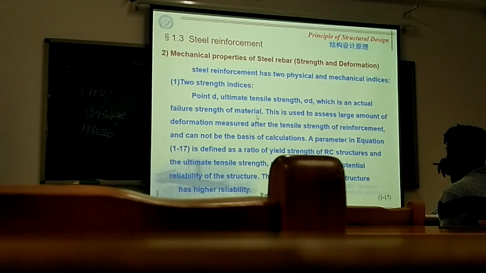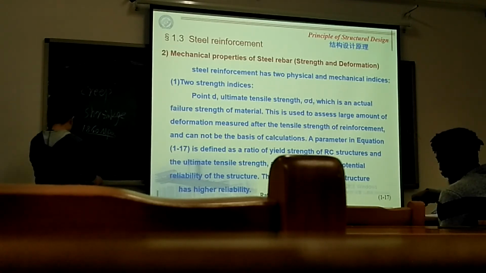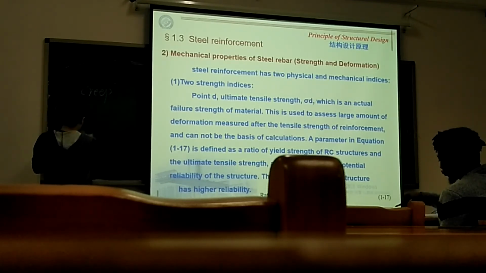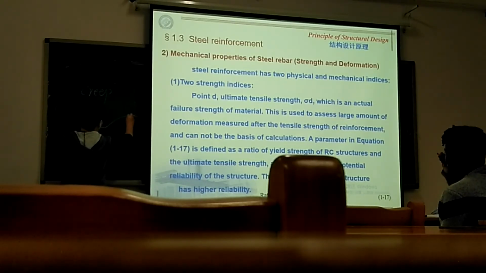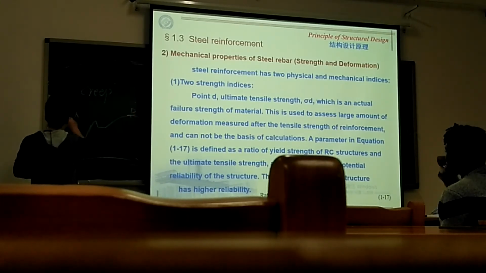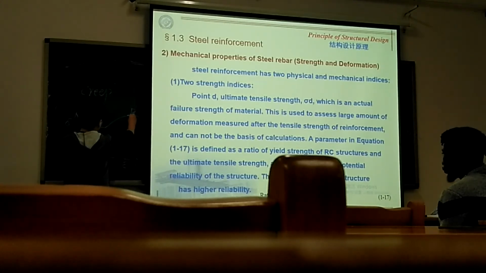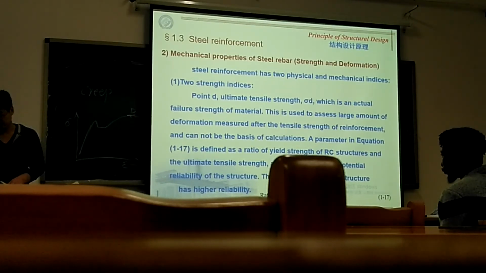And point D, ultimate tensile strength. That means the highest point. So it's like this. This point D, the ultimate strength.